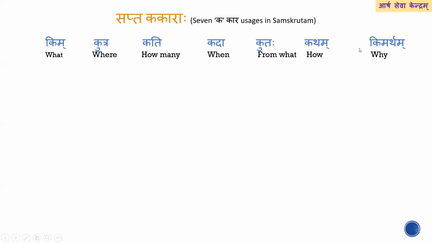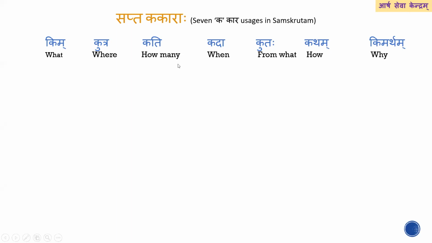These are the ones. Kim Kutra Kati Kada Kutaha Katham Kimartham. That's how some teachers will sing it. So what does that mean? Kim, you are familiar. Kutra, you are familiar. Kati is how many. That may be new, even though I have introduced earlier.